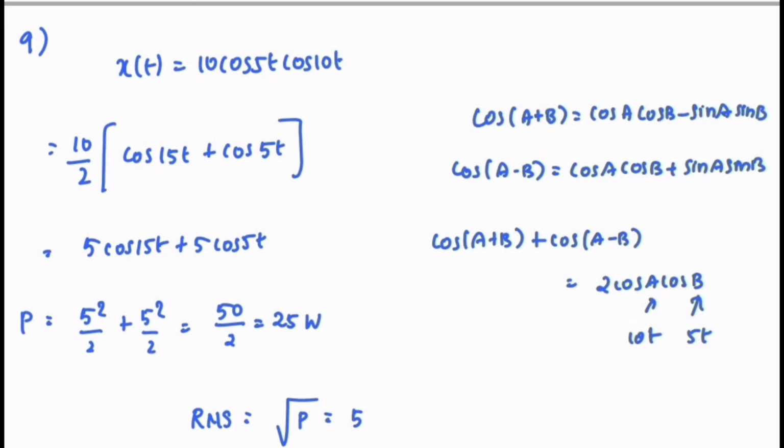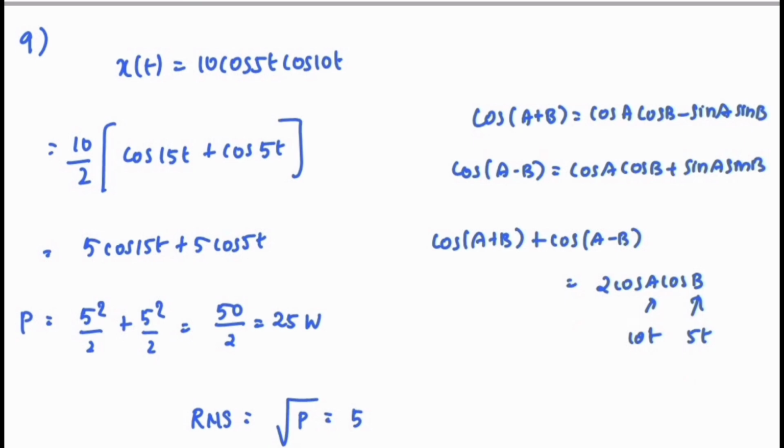It is equal to 2 cos a cos b. So if a is 5t and b is 10t, I can write this one as 10 divided by 2, right? 10 divided by 2.